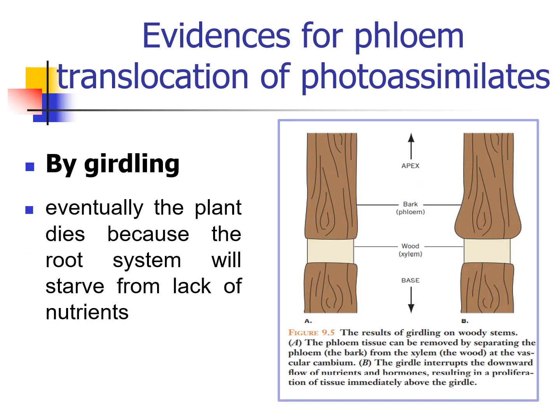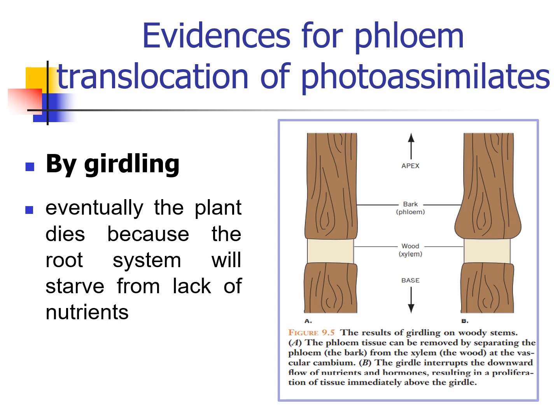That food is translocated by the phloem is indicated by several evidences. One is girdling. In girdling, the phloem tissue is removed by separating the phloem, that is the bark, from the xylem or the wood at the vascular cambium.